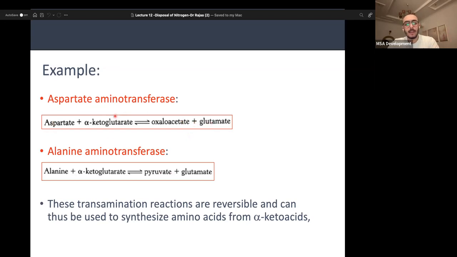Glutamate is the alpha ketoglutarate plus the toxic alpha amino group, and oxaloacetate is the ATP intermediate that your body can deal with. I also want you to know that these reactions are reversible. Your body can go towards glutamate to get rid of the alpha amino group, or the opposite, to synthesize alanine or any other amino acid.